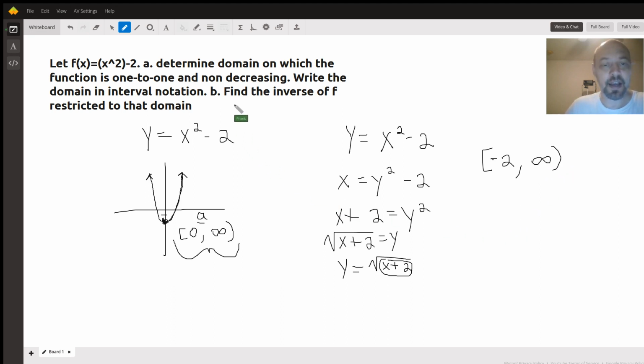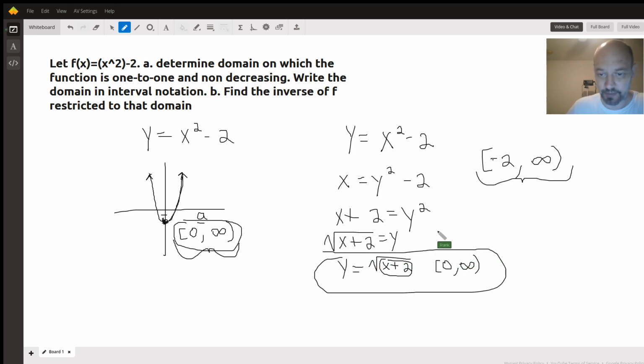But the question says, find the inverse of f restricted to that domain. What domain? The domain on which the function is one-to-one and non-decreasing. Well, we found out that that domain was 0 to infinity. So the domain for this thing is 0 to infinity, which is contained within the overall domain of the inverse function, but that's specifically what the question asked us to find.